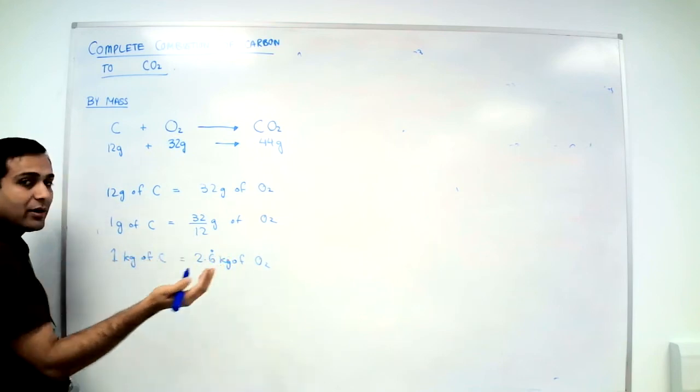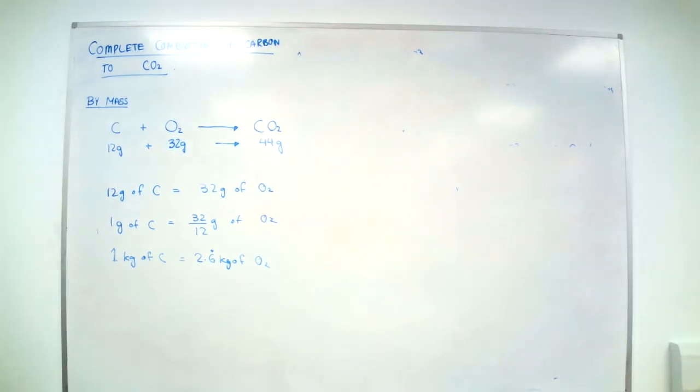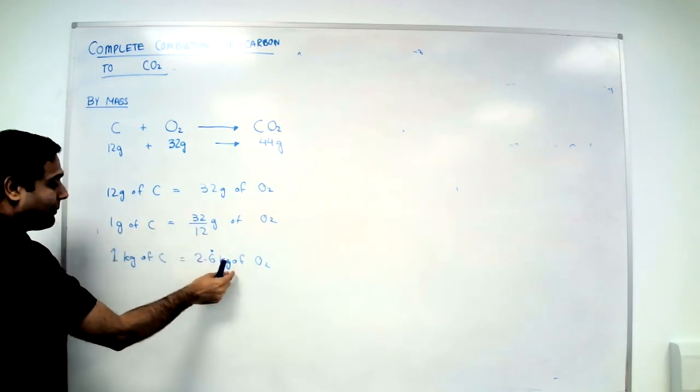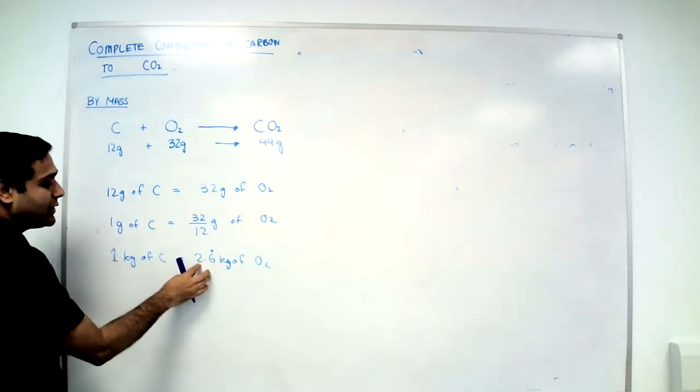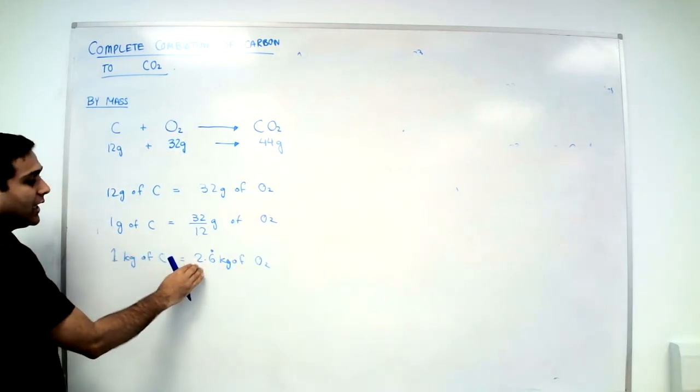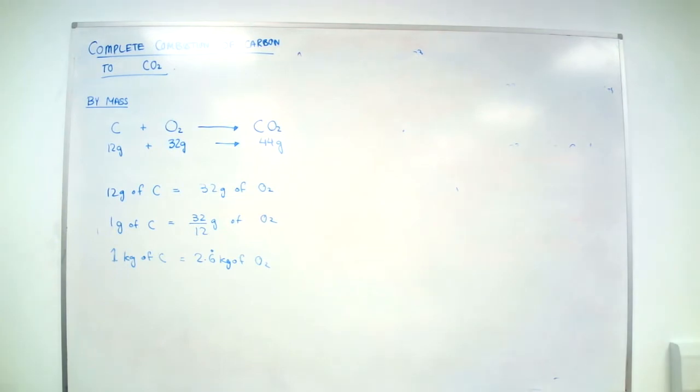If you go 1 gram, it will need 2.66 grams. If you go 1 kilogram, it will need 2.66 kilogram of oxygen. If you go 1 ton, it will need 2.66 tons. Because they are in the ratio, you can convert that. Now this is important, because this gives you the mass ratio.